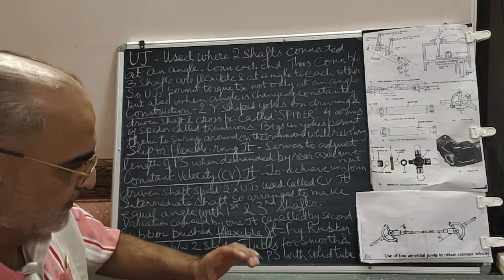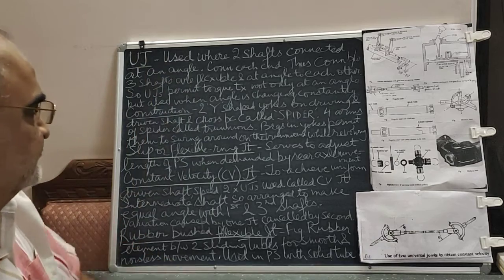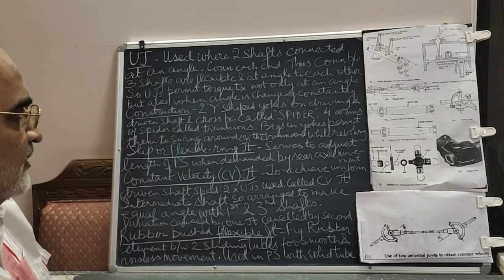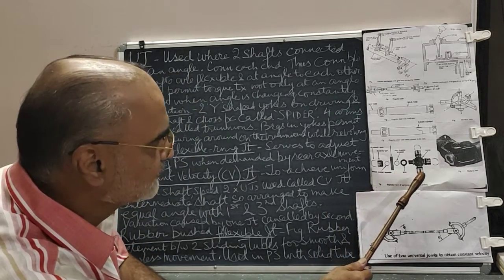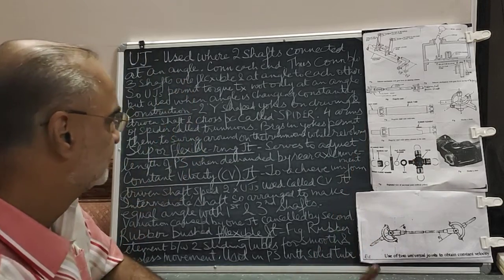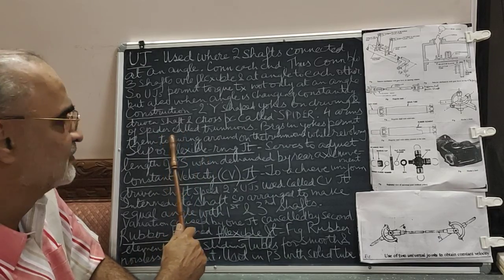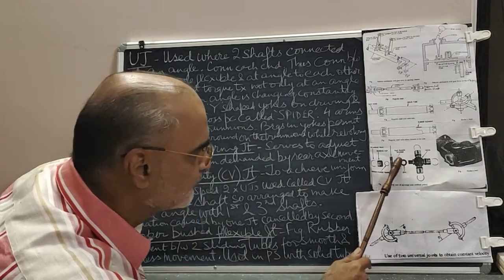In between, there is this thing called the spider. There are four arms of the spider, 1, 2, 3, 4. The four arms of the spider are called trunnions.